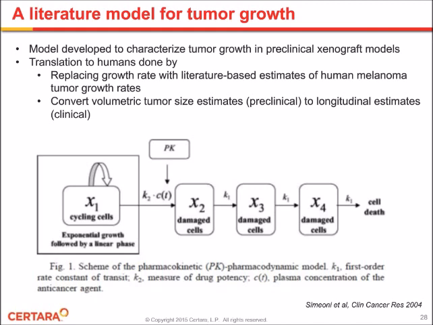And also, since the Simeoni model and xenograft data in general is represented as a volumetric tumor size estimate, whereas clinical data is based on longitudinal measures, so looking at the diameter, we made that conversion along the way when we did our translation.